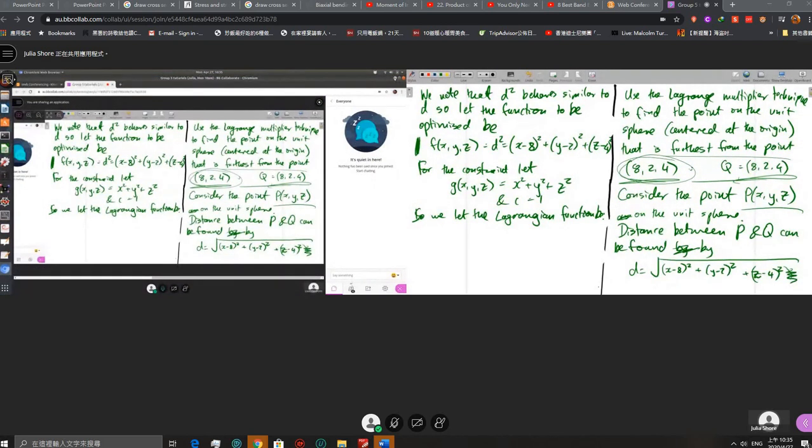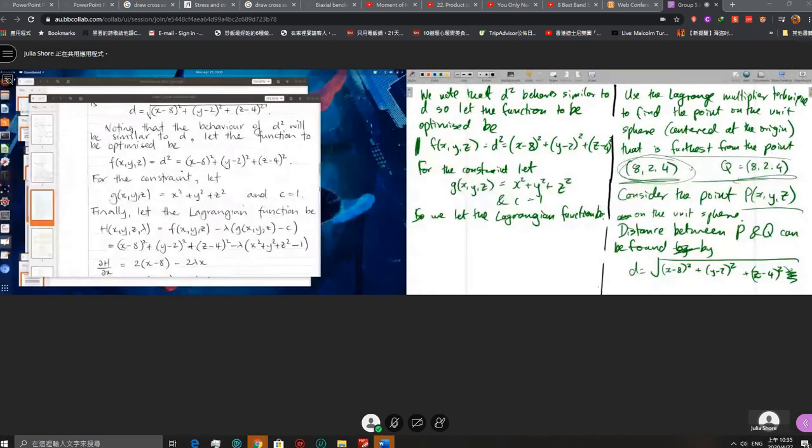And no one's chatting. So Lagrange function, that's going to be h of x, y, z, lambda. So it's going to be a 4 variable one this time. So that's going to be equal to f of x, y, z minus lambda outside g of x, y, z minus c.